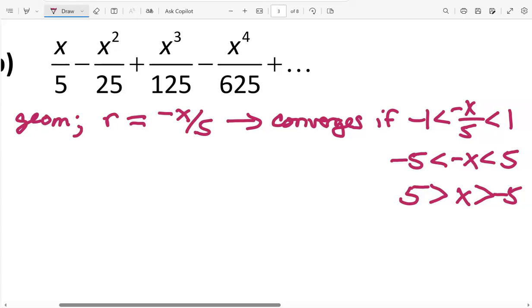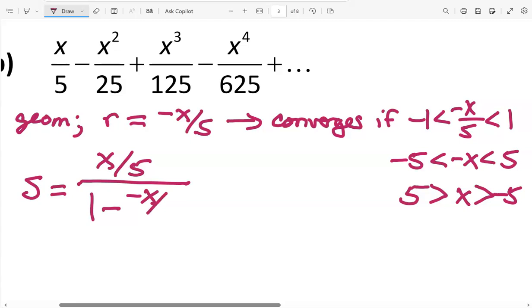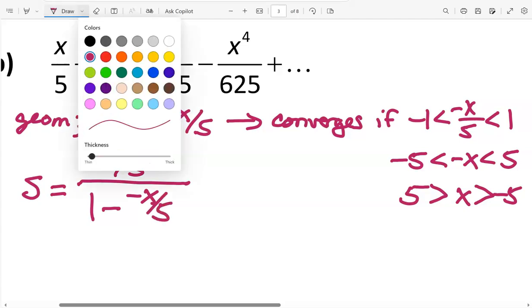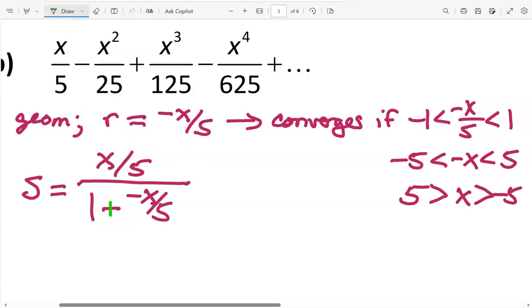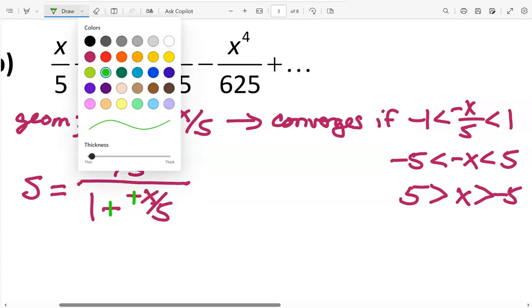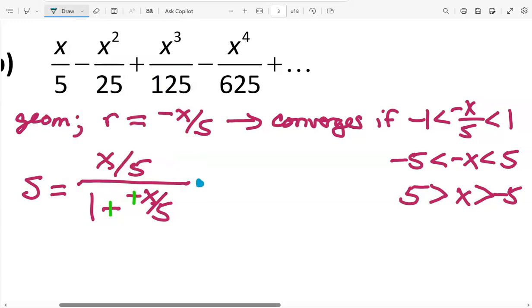So now we want the sum of our series, and the sum is equal to the first term, which is x/5, divided by 1 minus the ratio, which is -x divided by 5. Now I'm going to change that minus a negative to plus a positive, and nobody likes a complex fraction, so we're going to multiply top and bottom of this fraction by 5.